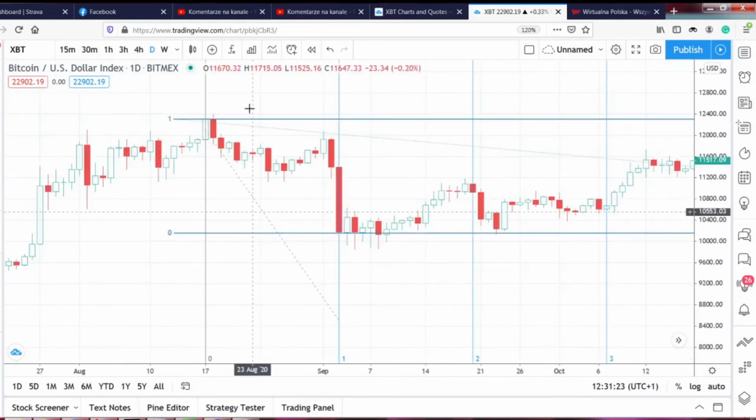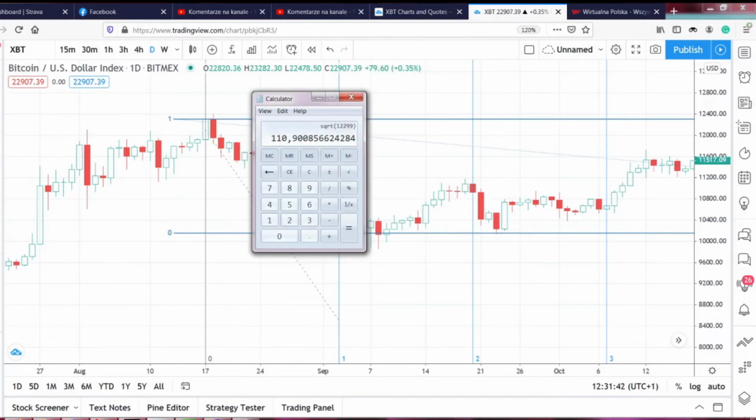Yes, I did. So we got the first impulse from here to here, all right. Now is the tip. The closing price of this candle, which is on the chart, is 10,169, roughly. Let me show you something.